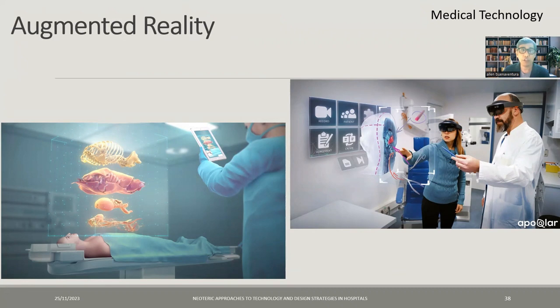It is also used to enhance medical imaging and to train medical professionals. It is also used for patients to visualize their blood collection in the veins, and it is also being used in hospitals for patient navigation. It's around 200 to 300,000 US dollars.